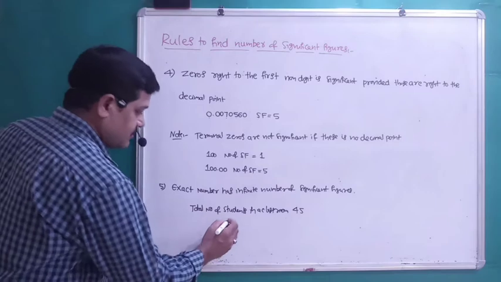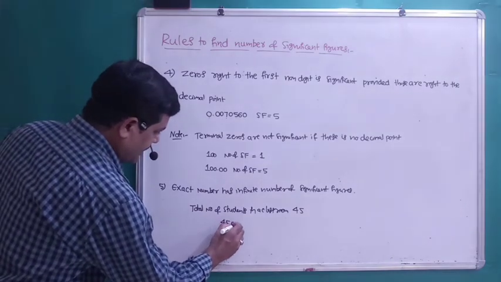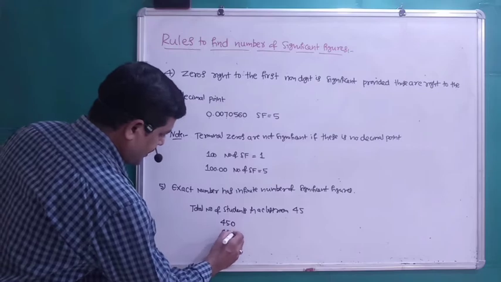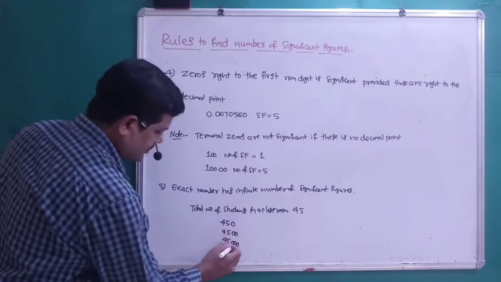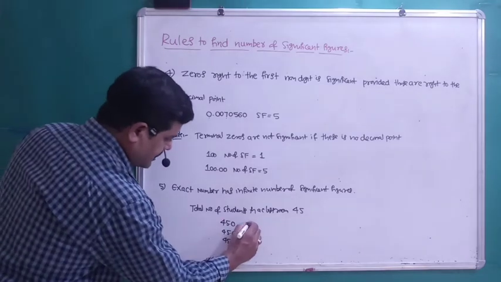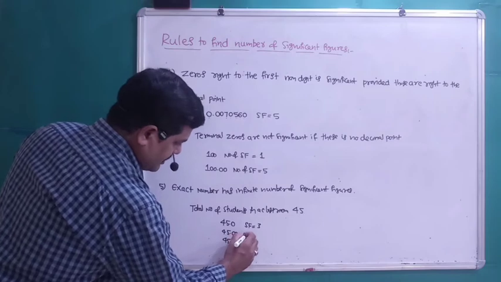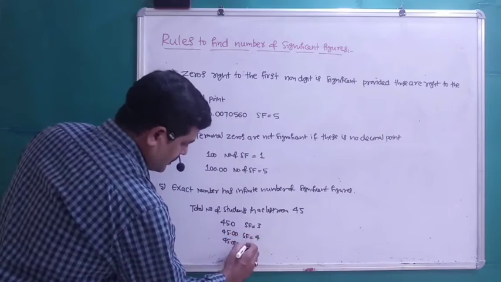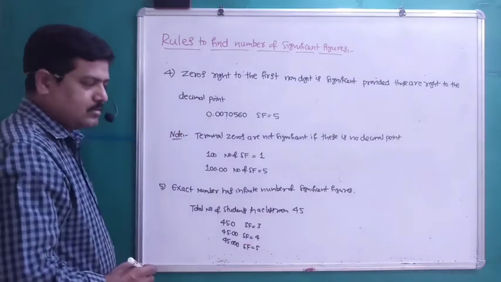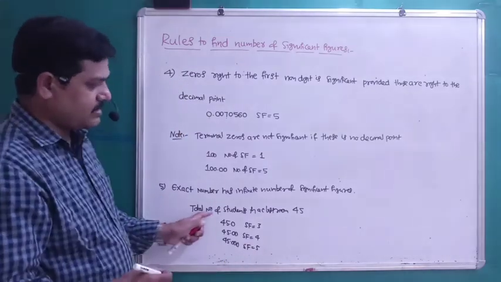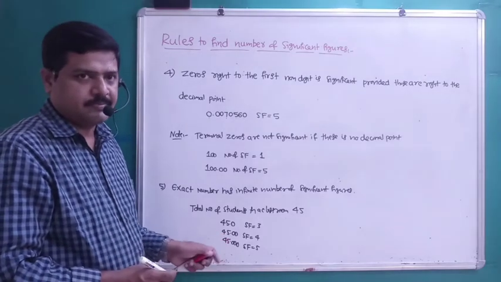So this we can write as 45.0, 45.00, 45.000, right? Here the number of significant figures is 3. In this number it is 4. In this number it is 5. So an exact number has an infinite number of significant figures.